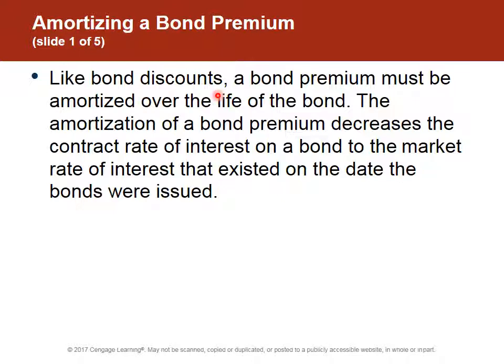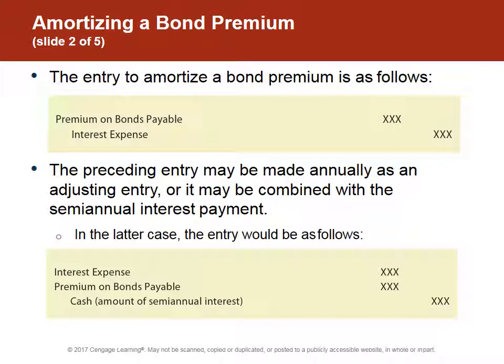So, like a bond discount, the premium has to be amortized, and this premium amortization is going to decrease the contract rate that's paid, and therefore interest expense is going to be lower than the cash that they pay out. So let's look at how this works.